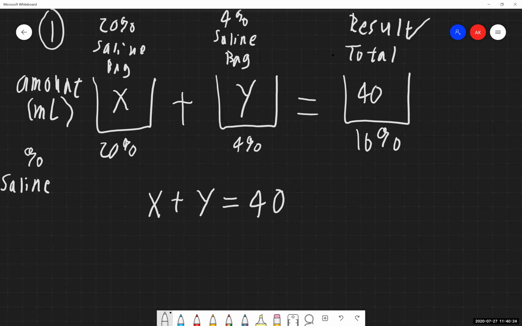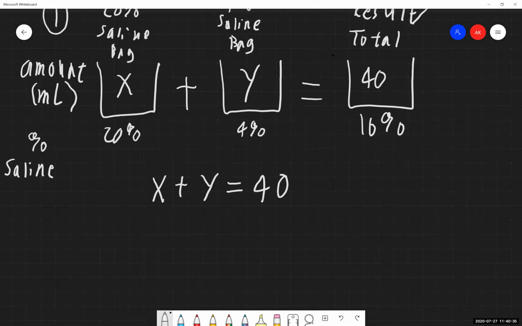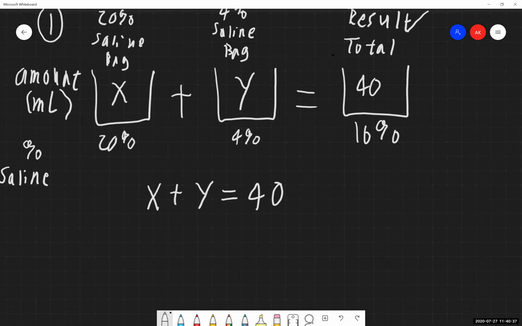Now we could also find an equation based on the concentration of what we are working with. This is kind of one of the weirder ones, and it's a little bit different compared to our dollars and cents and our mixing coins together.